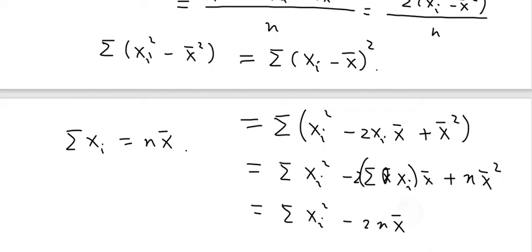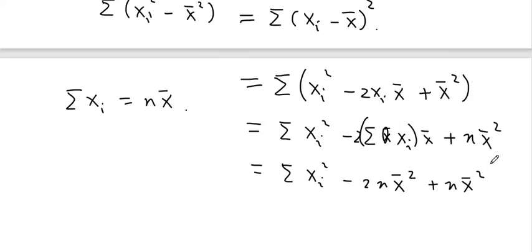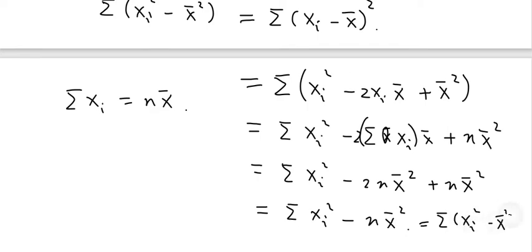So this becomes n x bar multiplied by x bar, so 2 n x bar square, plus n x bar square. Okay, so we find this equals the summation of xi square minus n x bar square. So this just equals the summation of (xi square minus x bar square).